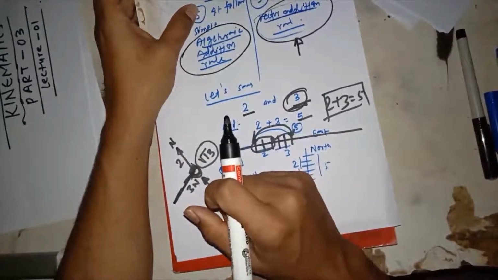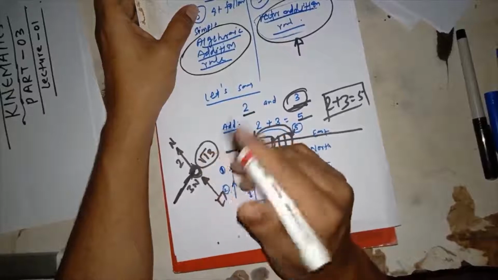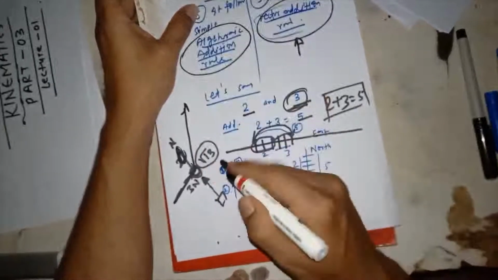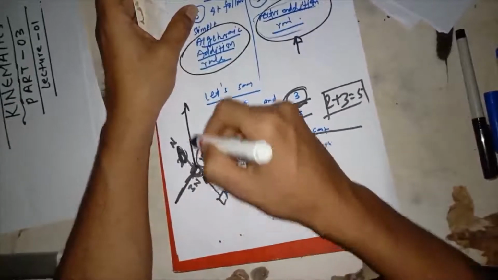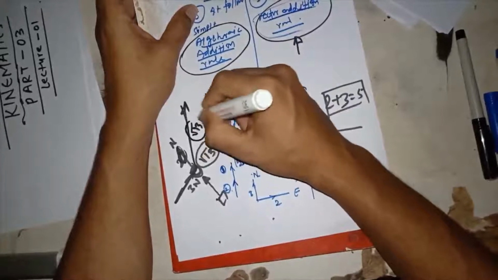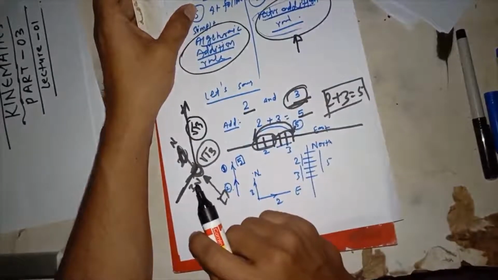The answer is that it will go towards this direction, not this, but this, and it has force root under 13. Have you got my point?